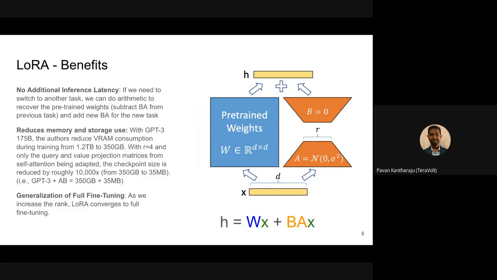But if you were to use LoRA, you'd have the 350 gigs of GPT-3, and your LoRA matrices could be substantially smaller than that, for example 35 megs. So instead of having 1.2 terabytes of memory for fine-tuning GPT-3, you can use 350 gigs plus 35 megs for adapting GPT-3.